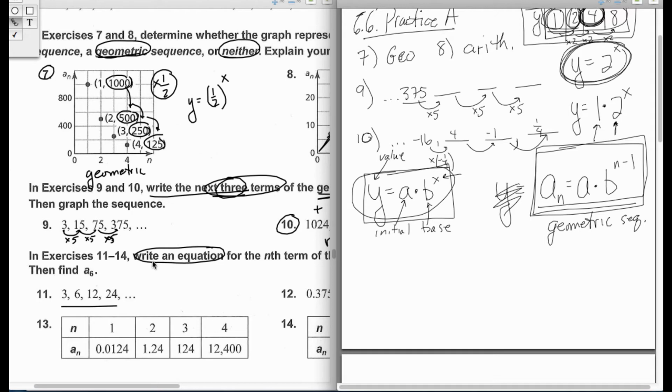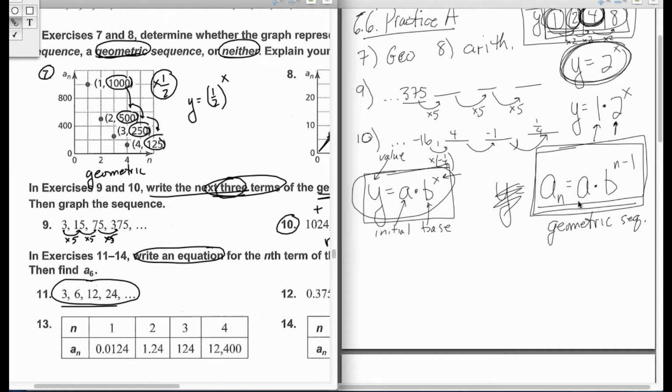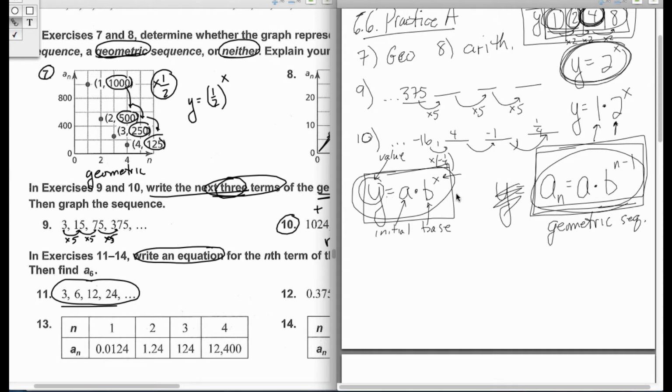So in order to write the equation, we look at the numbers that are given to us. This is called your sequence. And we're just going to put it right into this formula right here. So this is kind of like, remember, see how these are similar? Y equals a sub n equals a times b to the x, b to the n minus 1.